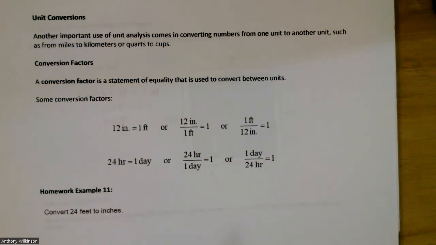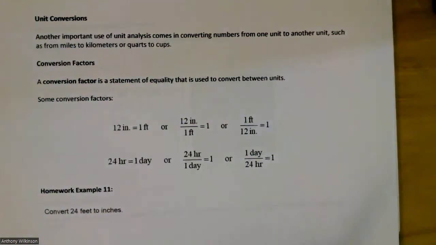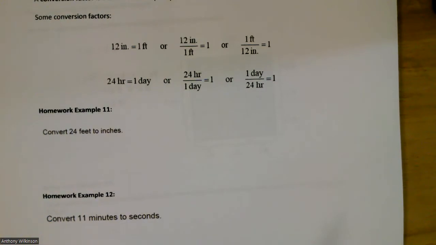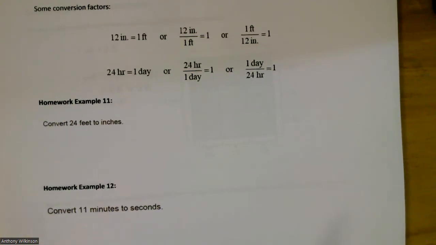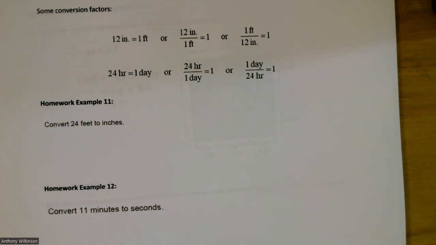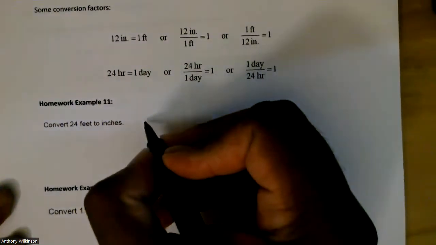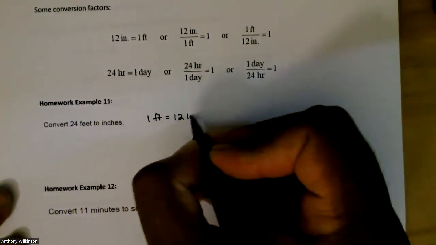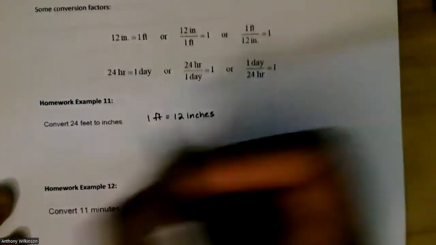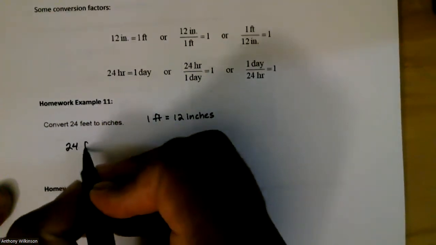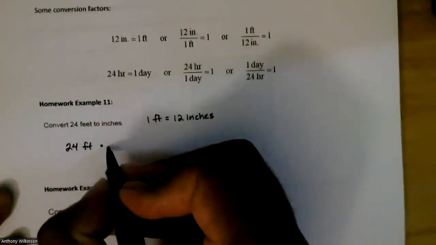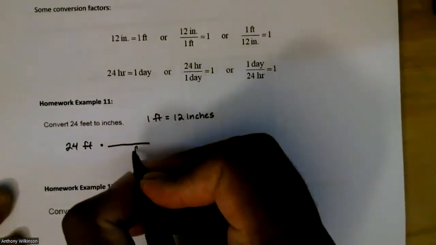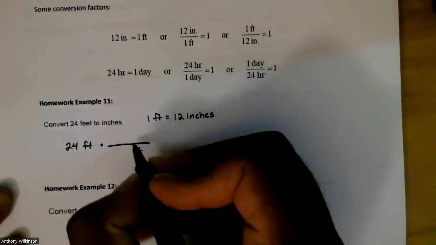So here's some examples, like this one. Number 11. Convert 24 feet to inches. The fact is, you have to know that 1 foot is equal to 12 inches. So I'm going to take that 24 feet, multiply it by, and we want to convert from feet, so that means the unit of feet has to be in the denominator, to inches.